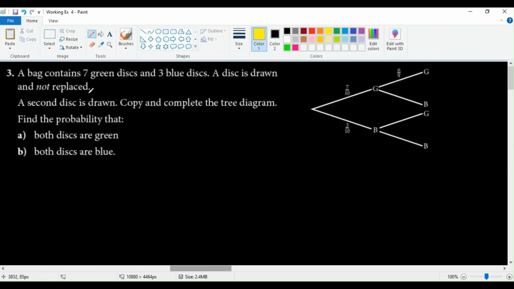It says a bag contains 7 green discs and 3 blue discs. So altogether, there are 10 discs. Now first green is 7 over 10, and once it is taken out, it's going to be 6 over 9 for the second.